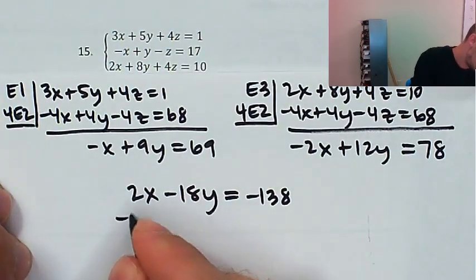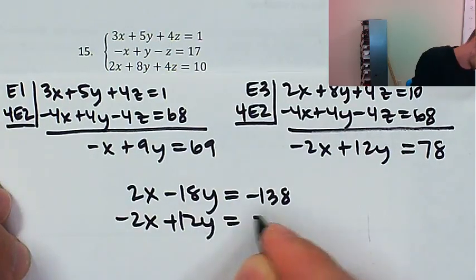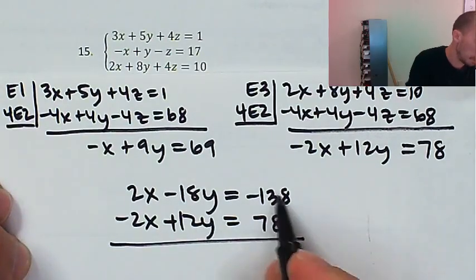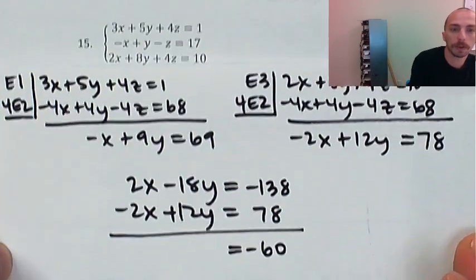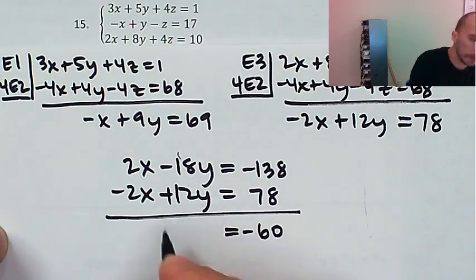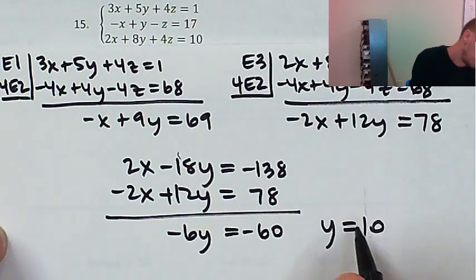And then I will add this -2x plus 12y equaling 78. Okay, I see what's going to happen here. This is going to become negative 60, right, because the 138 is bigger than the 78. And I'll end up with negative 6y, telling me that y needs to equal 10.